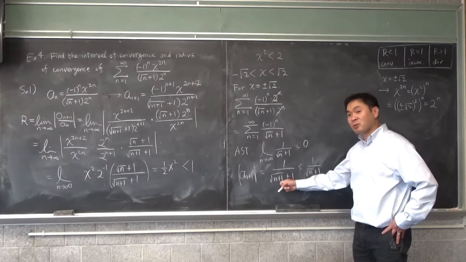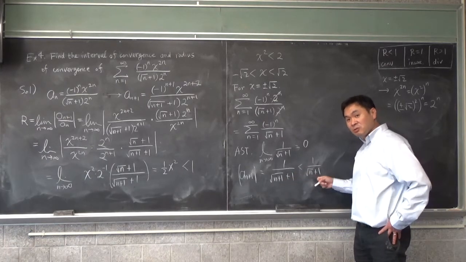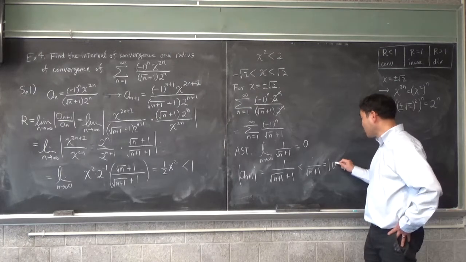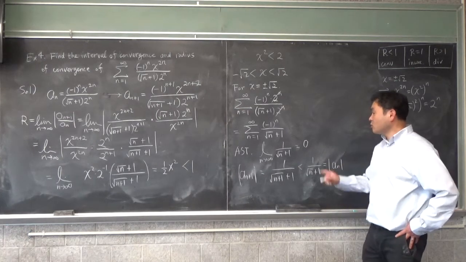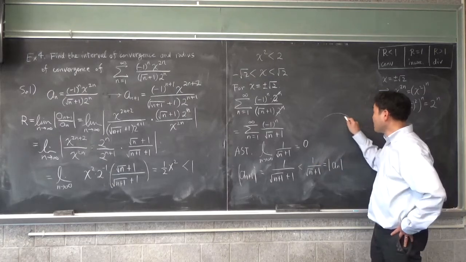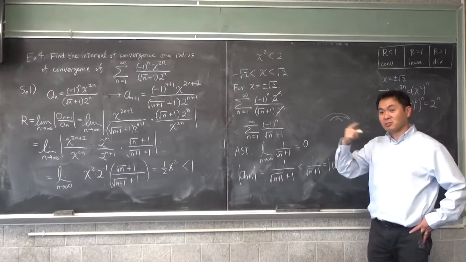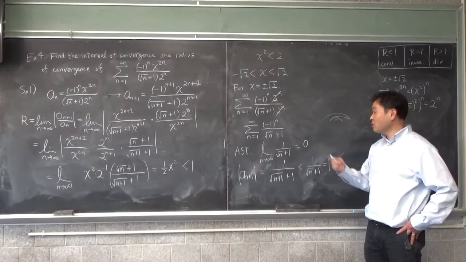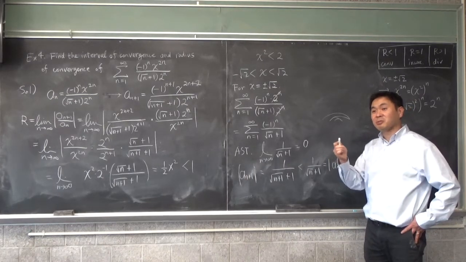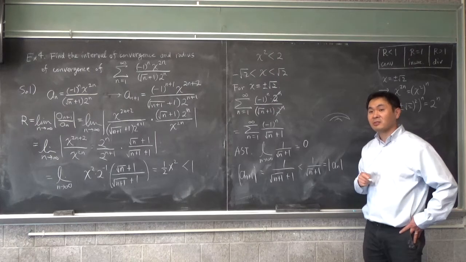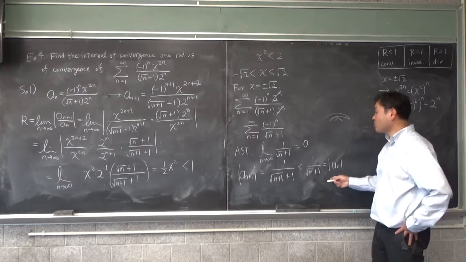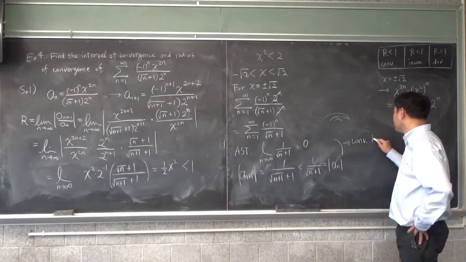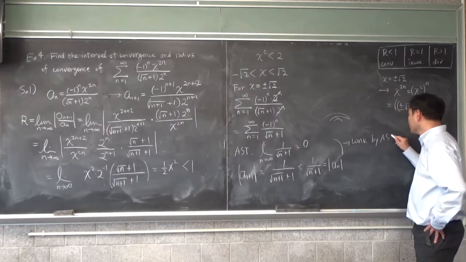So you do have this phenomenon where you're jumping back and forth, where the jump sizes are becoming smaller and smaller, and it's going to 0. So eventually it has to stabilize to a single value. All right? So by the AST, it converges.